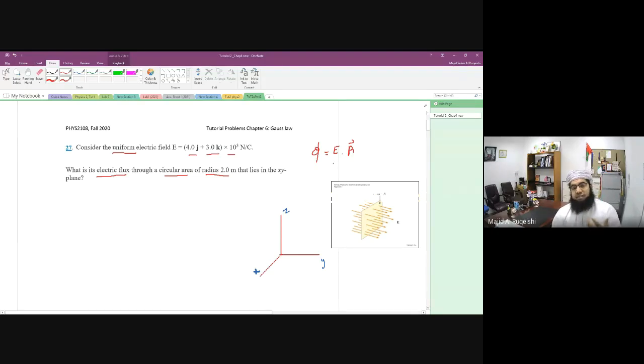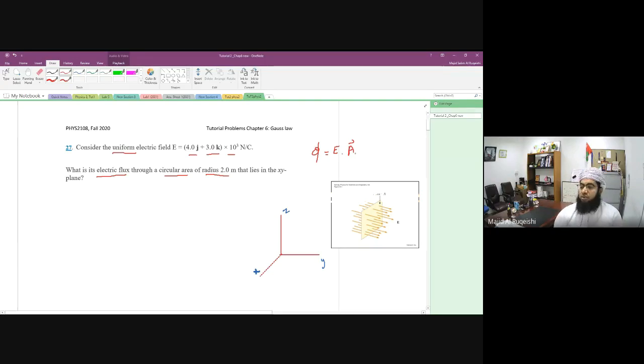But if it's changing, then we have to sum all of these small values of the electric field, and we call it sigma, or integration. So we want to sum up all the values of the electric field if it is different or changing.